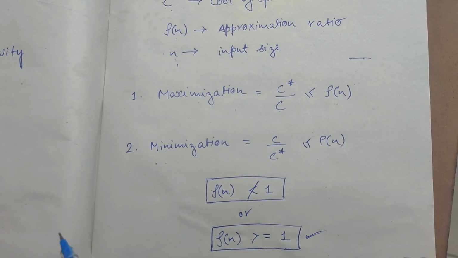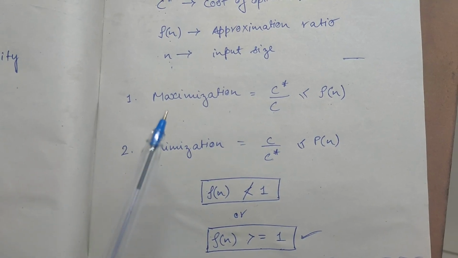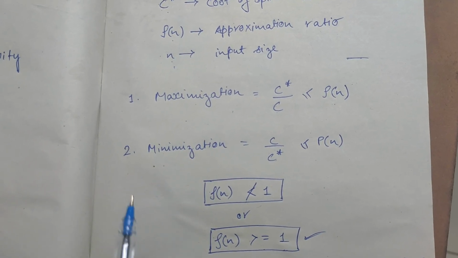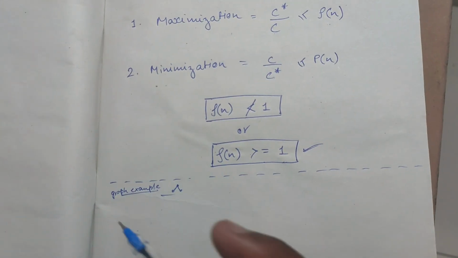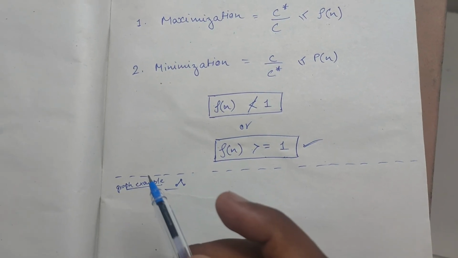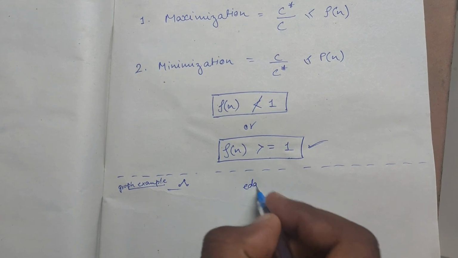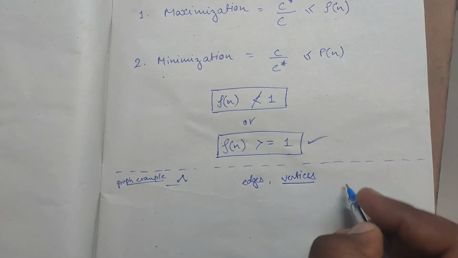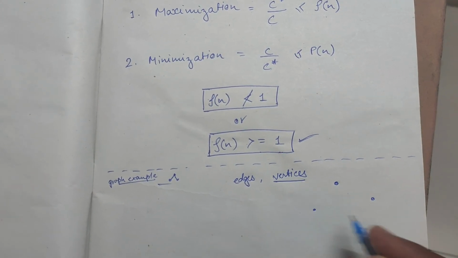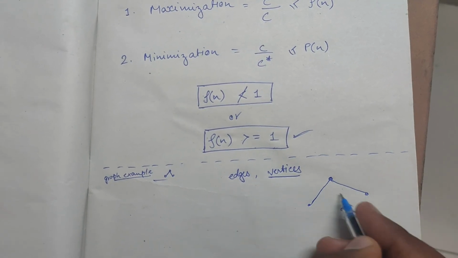So where do we use this approximation algorithm? We use it for the vertex cover problem. First we need to know what the vertex cover problem is. It is used for graphs. In graphs you have edges and vertices. Vertices are nothing but the points, and edges are the lines connecting those points.